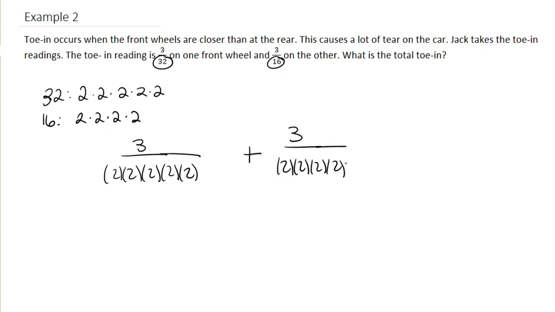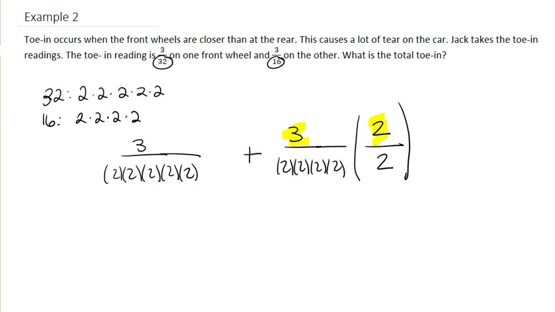Now, before we can add these together, we need a common denominator, which will be 32. The only way we can do that is to multiply the top and the bottom by 2 on the second term. Now we have a common denominator of 32 for the second term, and we just need to multiply the 3 and the 2 together.